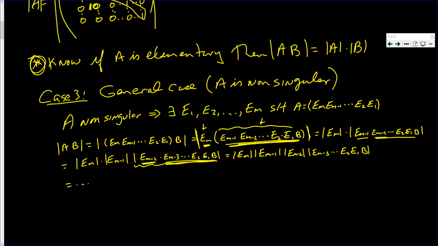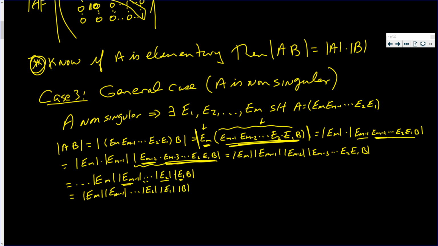And we continue in this fashion, and at some point we get the determinant of E_M, the determinant of E_(M-1), all the way down to the determinant of E2 times E1 B. Now since E1 is elementary, that star keeps coming into play.